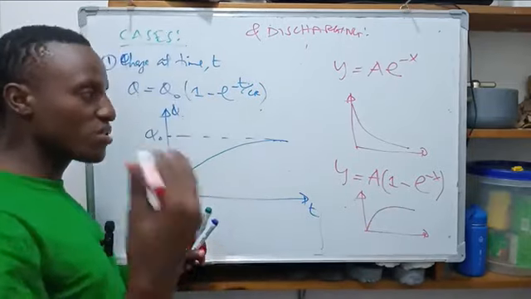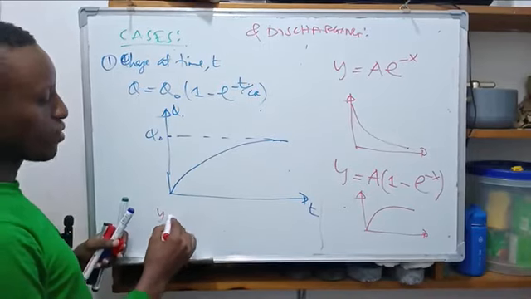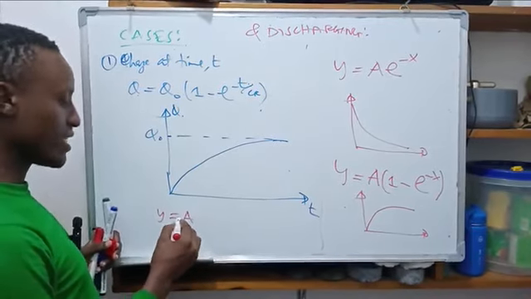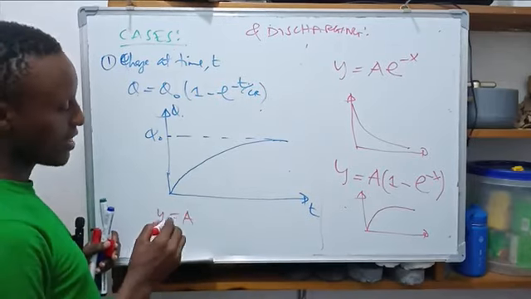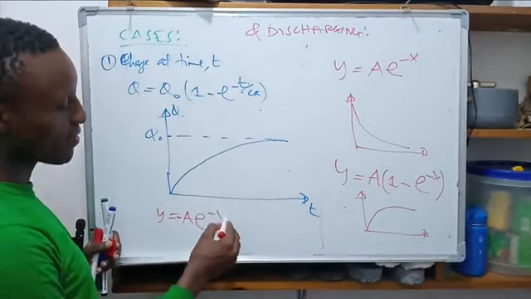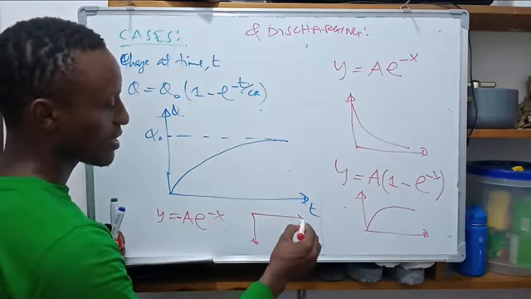When you see, for example, y equals negative A e to the negative x, you draw it as negative, like that.